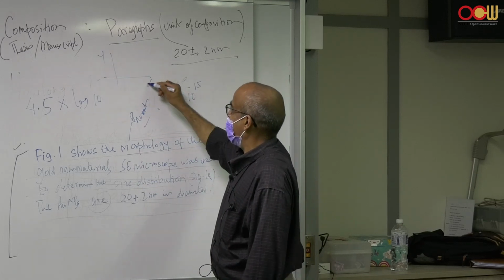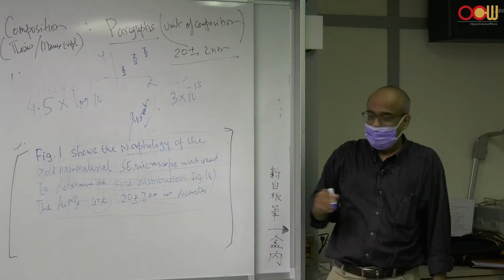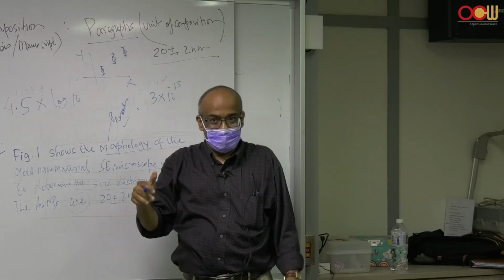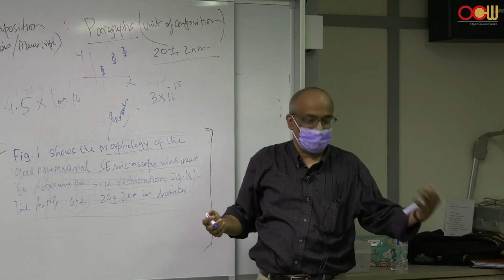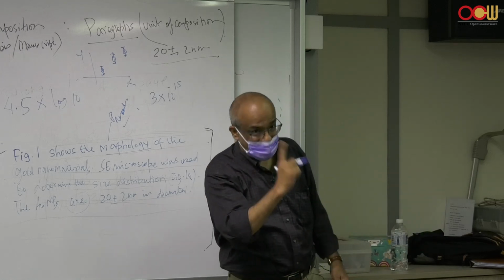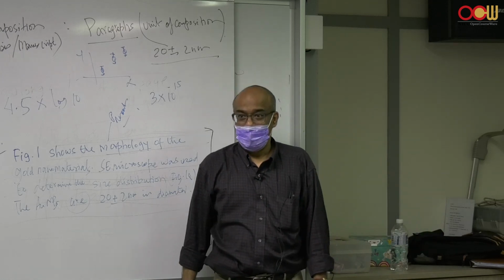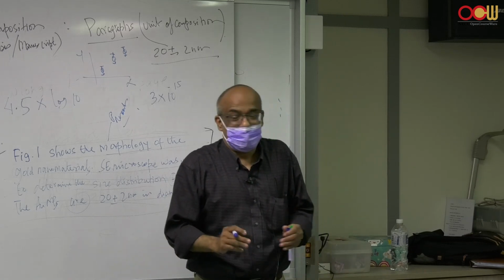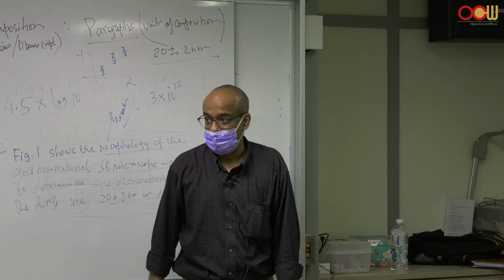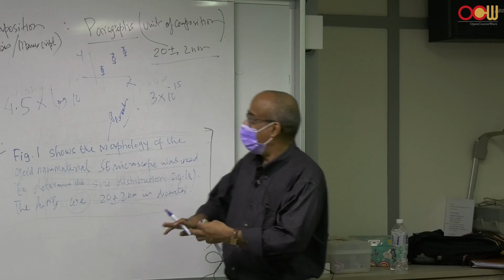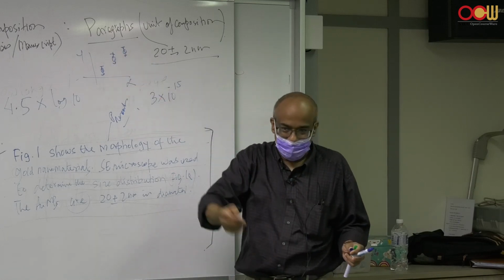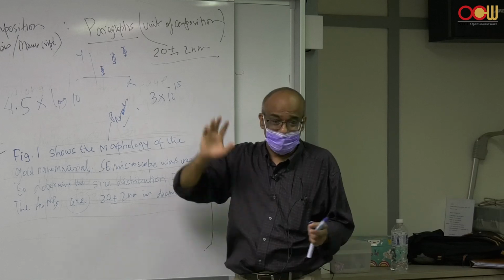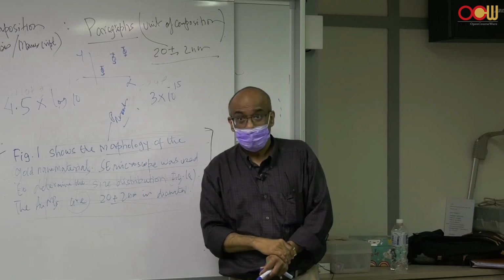This is y, this is x. And what we said, the error bars indicate the scatter over 3 experiments, 4 experiments, 5 experiments. So how to write those 3, 4, 5? And if that is over 135 different experiments, how to write? You understand? So in this case, I am writing that this error bar is the scatter over, let's say, 5 experiments. But the experiments can be 125, not 5.